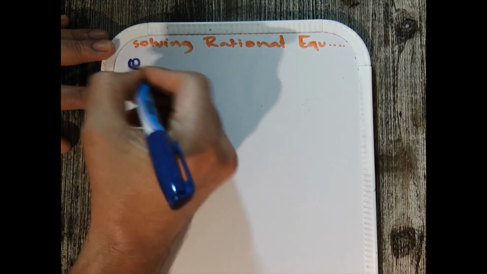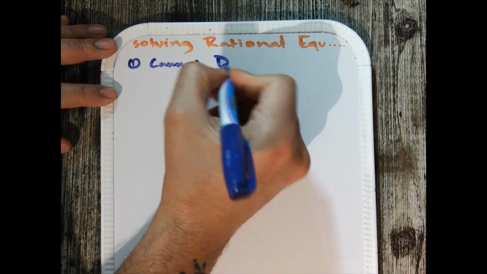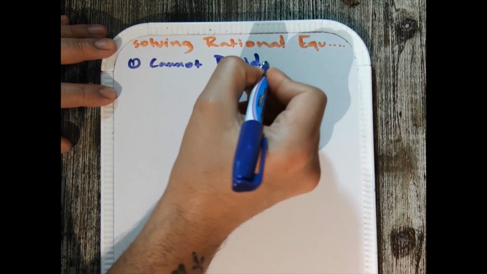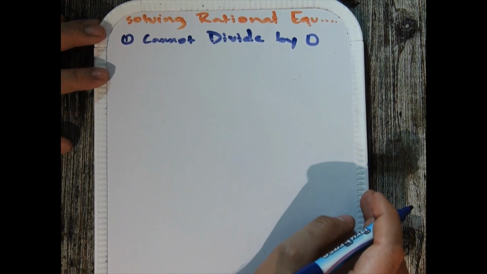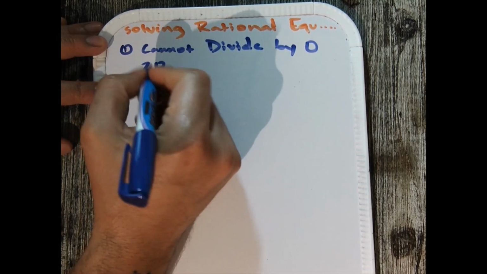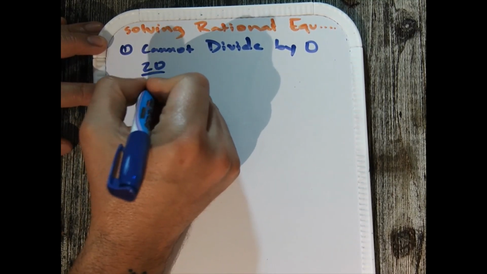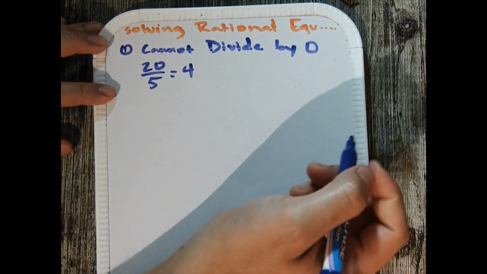The first one is that we cannot divide by 0. And this is simple to understand. If I have $20, and I can divide $20 between 5 people, that means each individual is going to get $4.